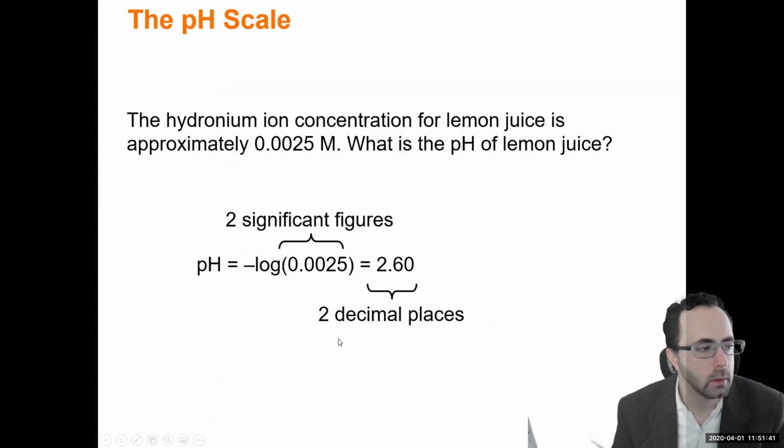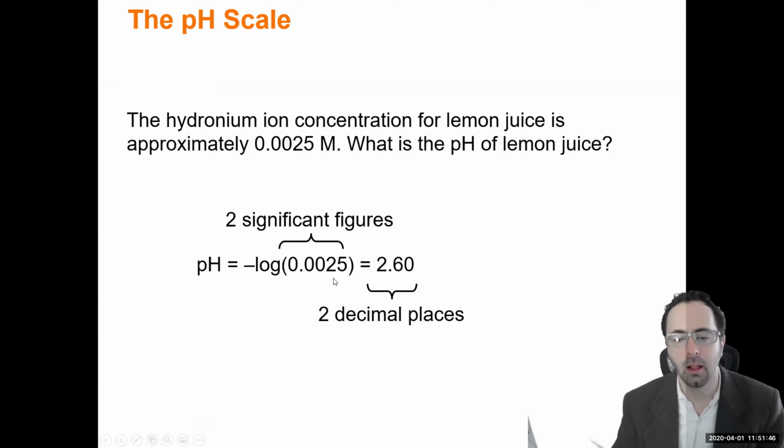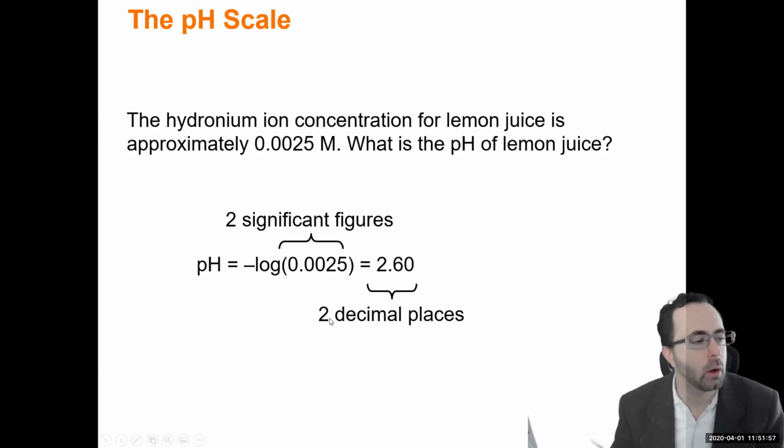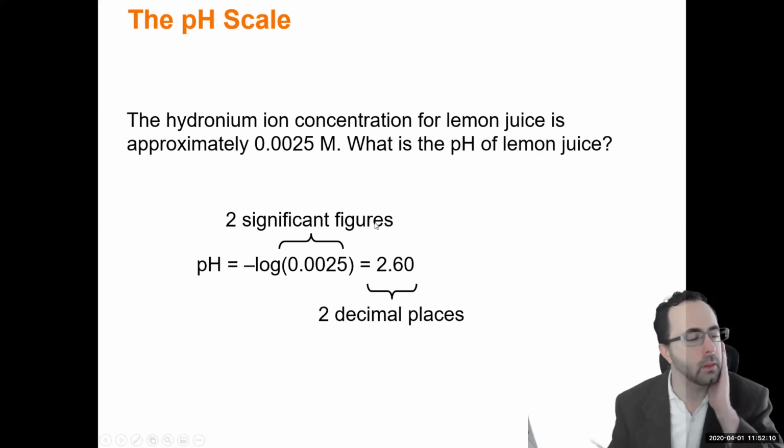Okay. Now a note, I just want to remind you, at the beginning of the class, I handed you a handout about how to deal with sig fig rules for pH, or for logs. We're going to be doing a lot of logs again in this chapter, so remember how it works. If you take the log of a number, you should write the answer so that it has the number of decimal places equal to the number of significant figures in the number you're taking the log of.